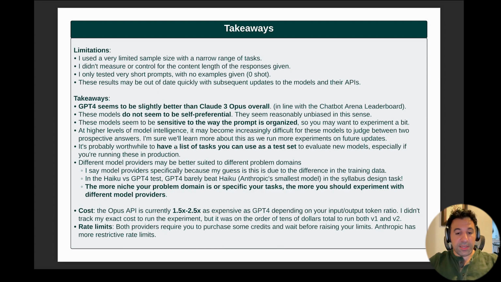Another takeaway, at least for me, I'm not sure how many people are actually going to do this, but if you could have a short task list that you could use as a test set to evaluate new models, especially if you use these in production. But even testing against different versions of APIs, it's probably useful.